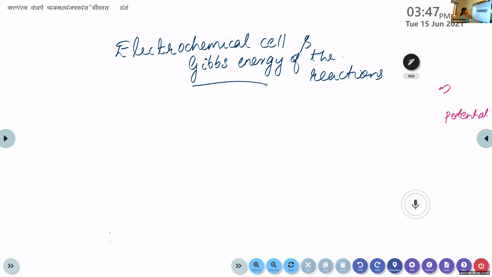Then we are going to learn the relationship between Gibbs energy and electrochemical cell. What do you mean by Gibbs energy? That means the free energy. There is one equation to connect this electrochemical cell and Gibbs energy, that is delta G, the representation of Gibbs energy, equal to minus nFE.